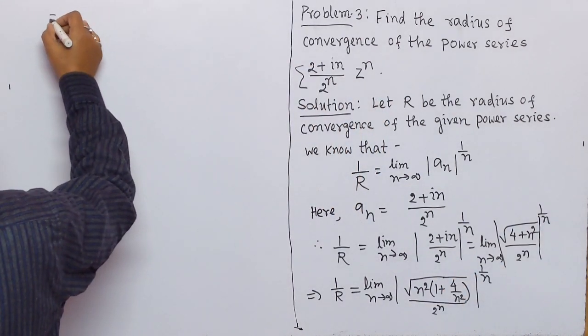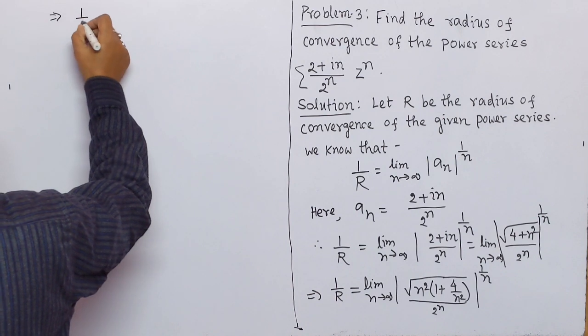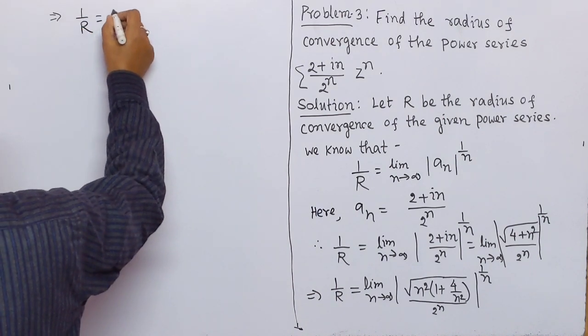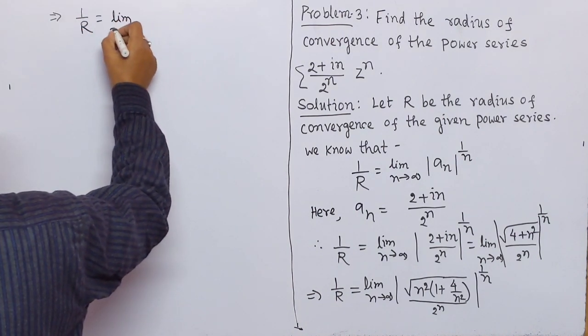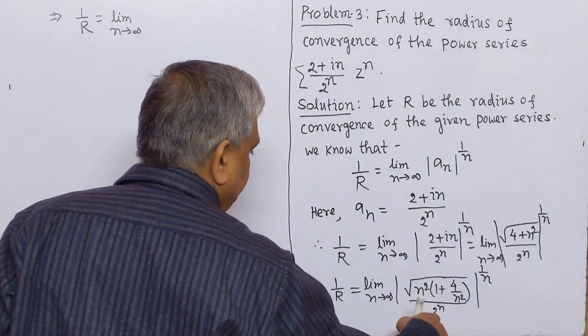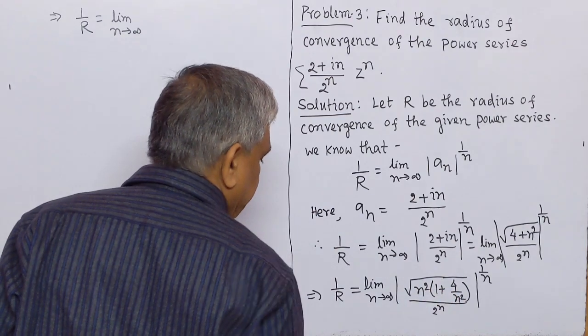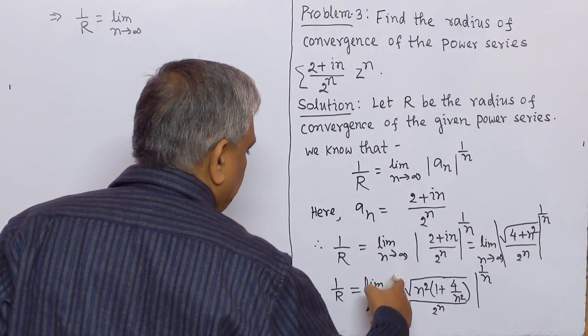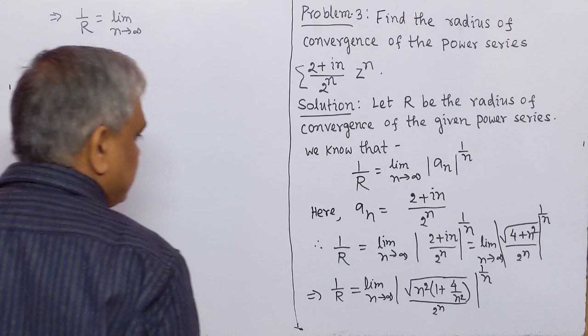Implies that 1 by r equal to limit n tends to infinity. Here we get each term is positive, so there is no need of modulus.